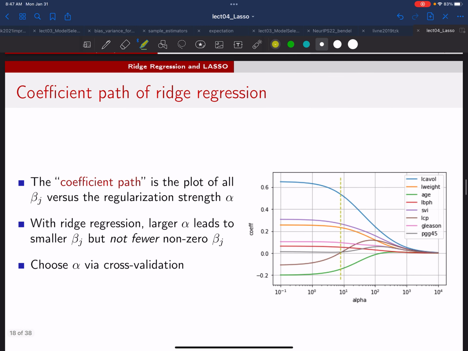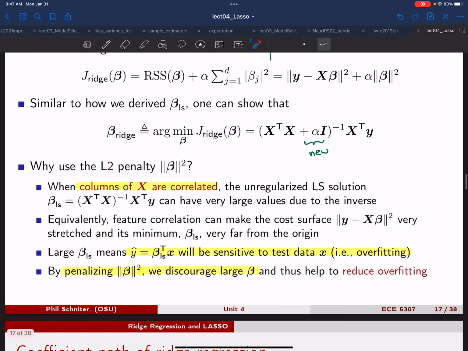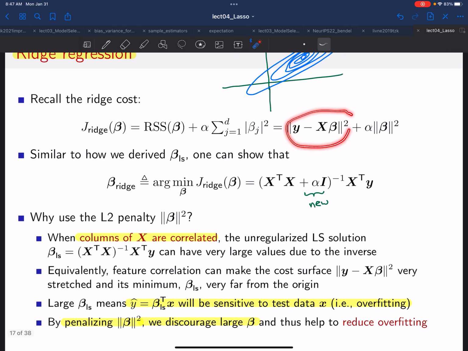So here's another way to visualize what happens as you change the regularization strength alpha. This thing is called the coefficient path, and it's plotting all the beta j's versus regularization strength alpha. Here's alpha on the horizontal, betas on the vertical, and you can see that as alpha gets larger and larger, you care less and less about fitting this term, and you care more and more about making this small, right?